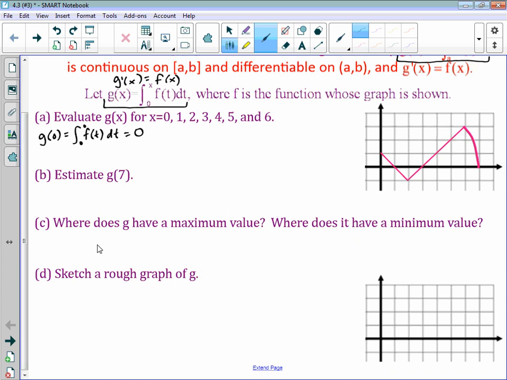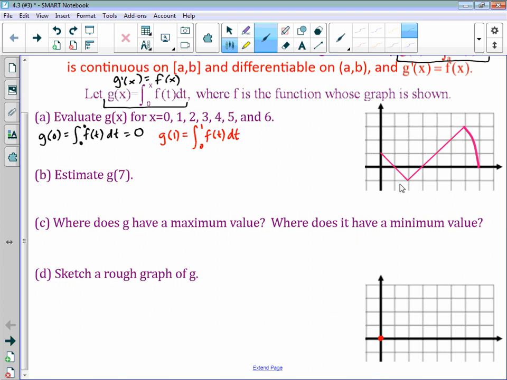Down here, we're trying to sketch a rough graph of g. So we know g of 0 is 0. We could plot that point down here. Kind of start that problem as well. Okay, now if I'm trying to find g of 1, we're talking about the integral from 0 to 1 of our function.